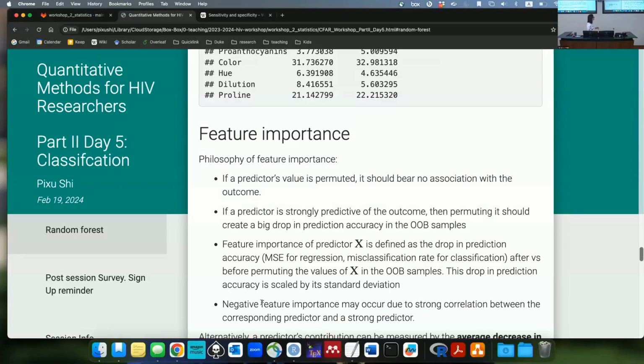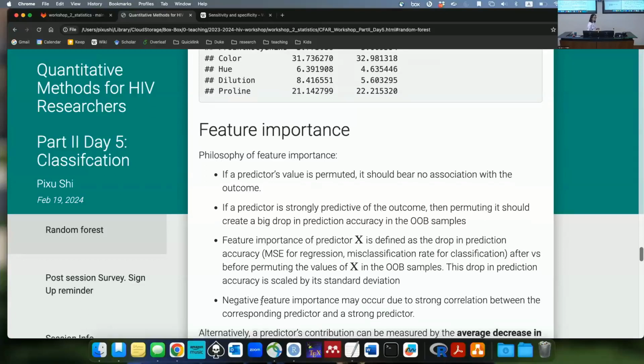And sometimes you may even see a negative feature importance. It means that shuffling one predictor actually makes your prediction better. That may be the case if you have two very strongly correlated predictors, and by removing one of them, you make the other predictor stronger.